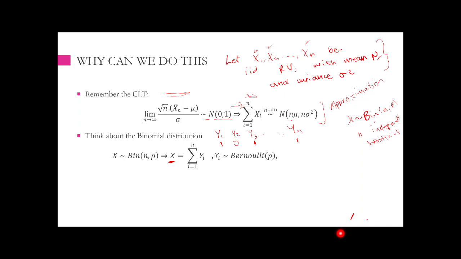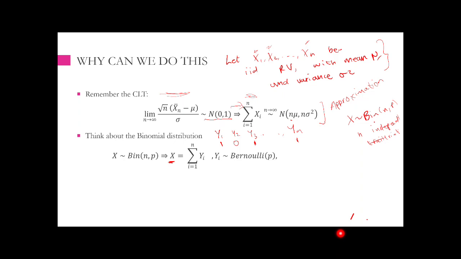But now that we have this Bernoulli random variable, we can use the central limit theorem, because now we have x1, x2, x3, all the way to xn, where instead of x's we've got y's, right? So those are independent. We said that our trials are independent and they're identically distributed. They all have a Bernoulli random variable distribution. And now we just have to think about their mean and their variance.